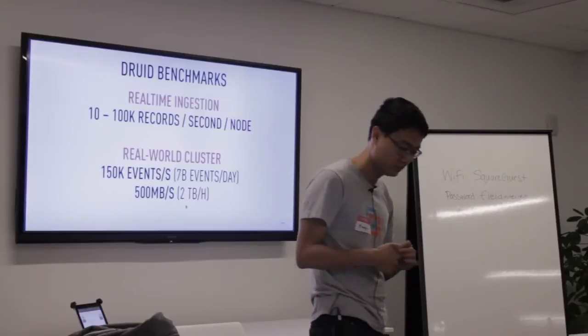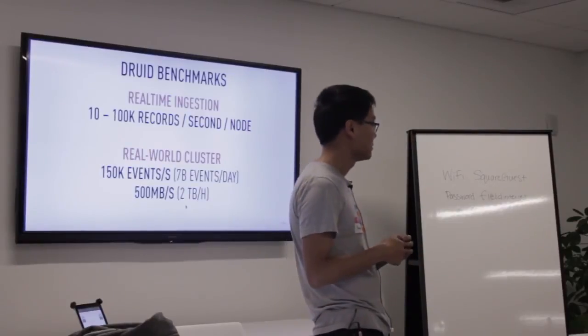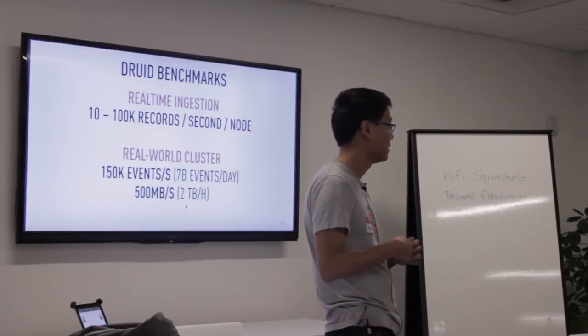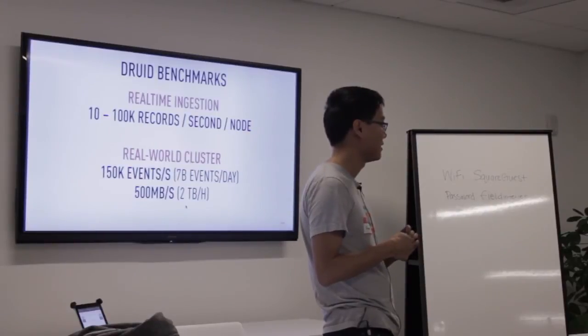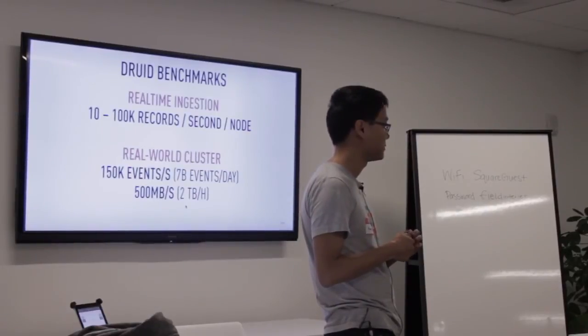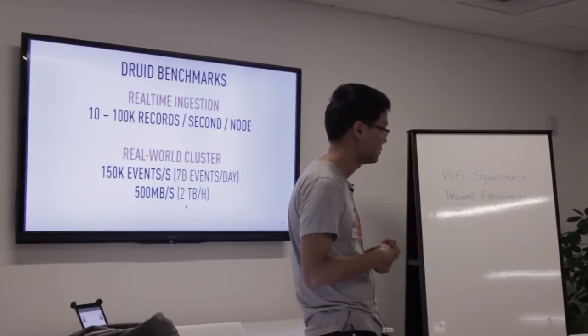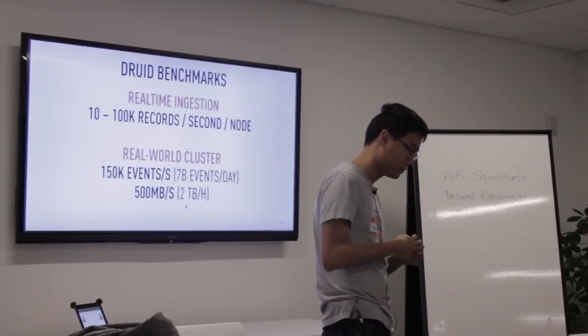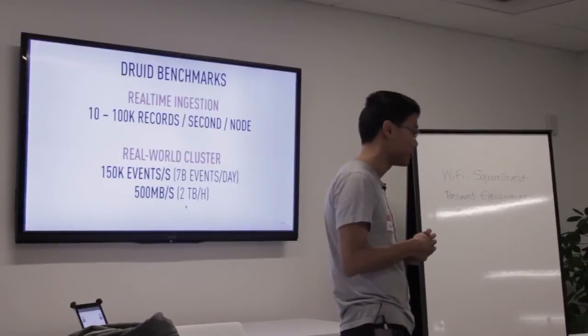So if I have an event that happened just once for a particular user, but I have 2 years of data, and I want to filter on that user, do I have to hit every single historical segment? Or is there another type of index that says you only need to look at this segment? Could you repeat the question?